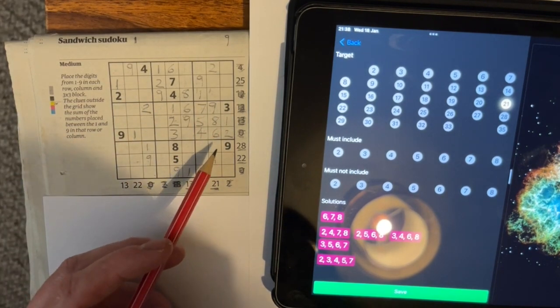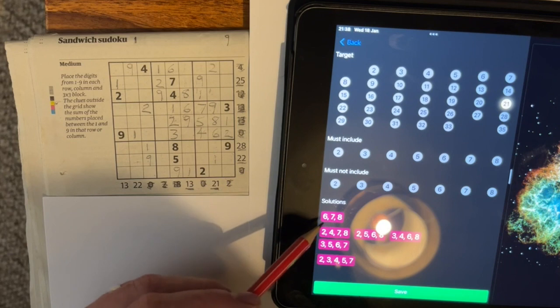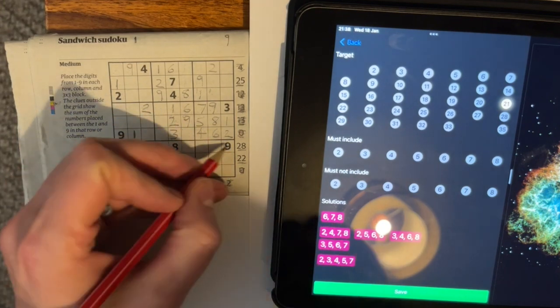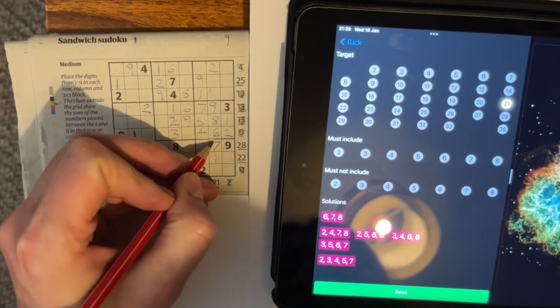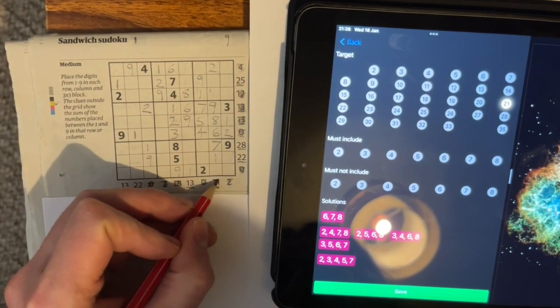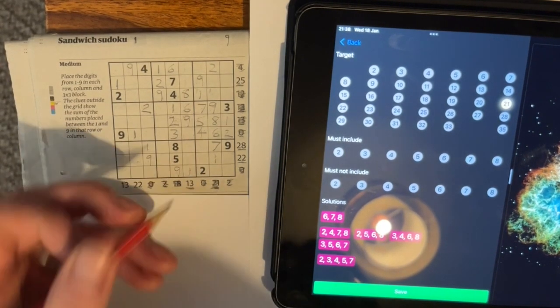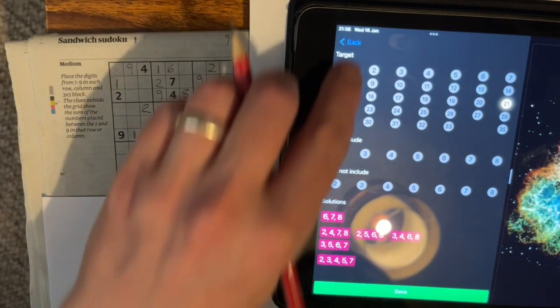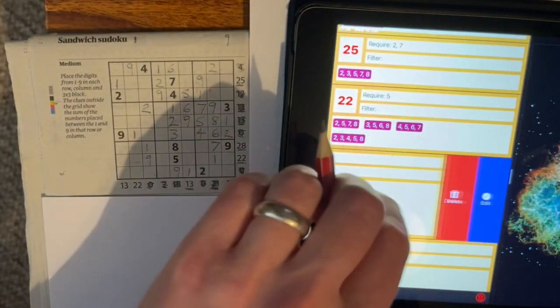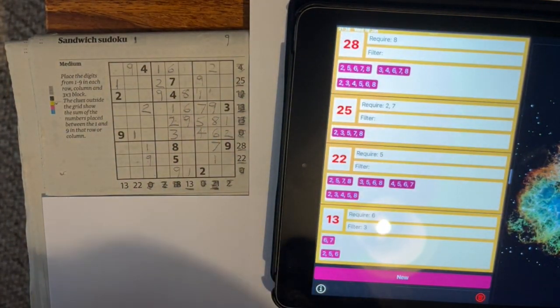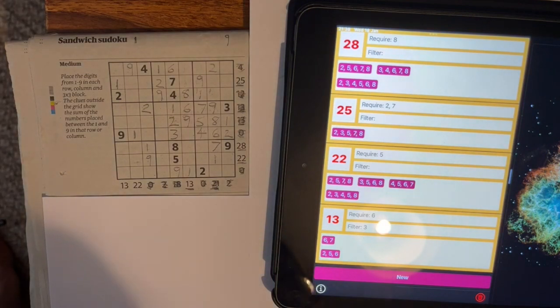Fantastic. So what's missing? So 6, 7 and 8. So this will be a 7. And that is our 21. Done. So the 21, we can happily remove that because that's done.